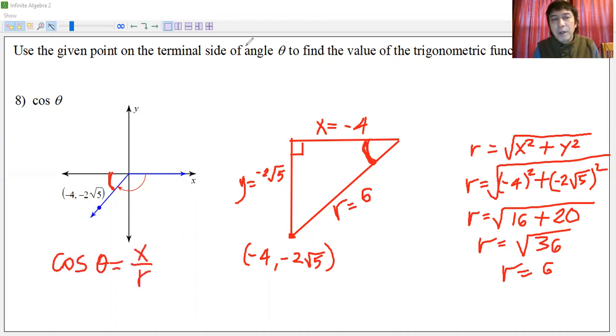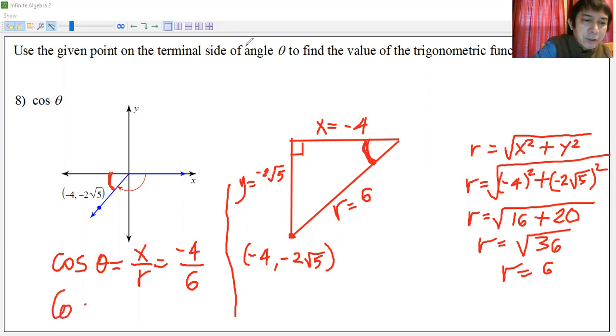And the cosine at the third quadrant is negative. So this will be equivalent to -4 divided by our r, which is 6. If we reduce this to lowest terms, this will be -2/3, canceling out the 2.